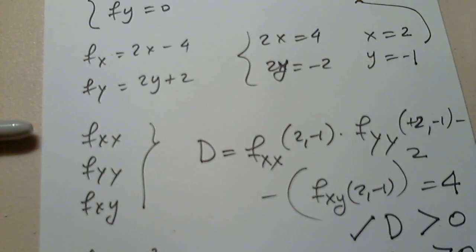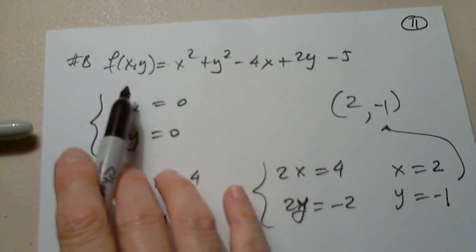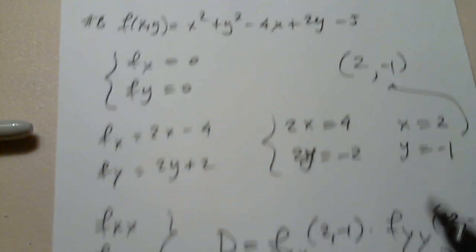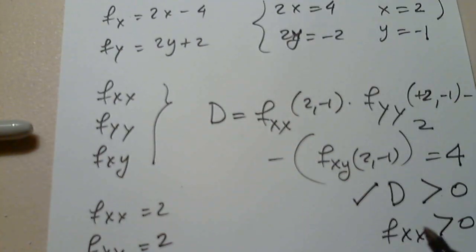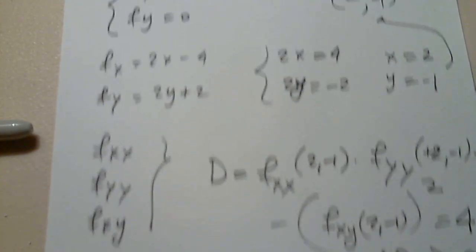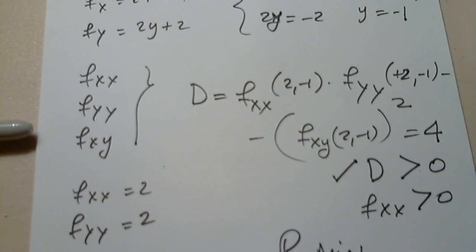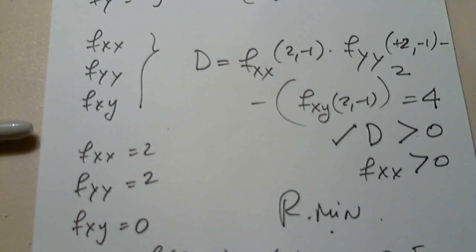What is the relative min? I don't know. I have to plug it in. So in the function, I have to replace x by 2 and y by negative 1. So f of 2 comma negative 1 is 4 plus 1 minus 8 minus 2 minus 5. So this with these two, it's negative 10.